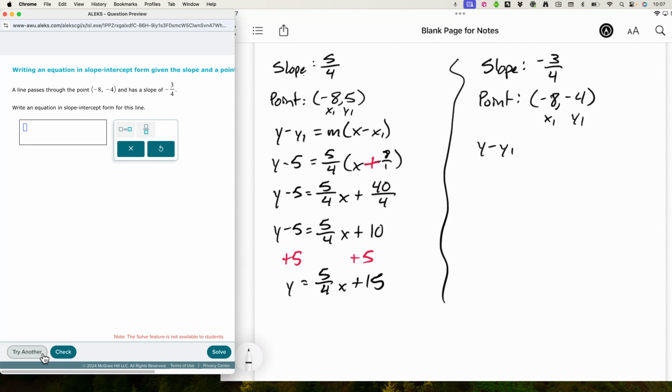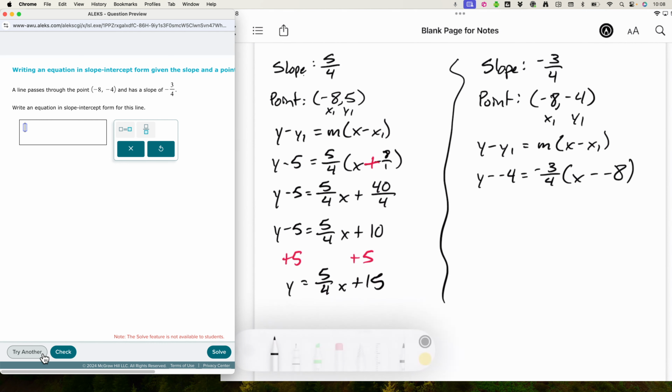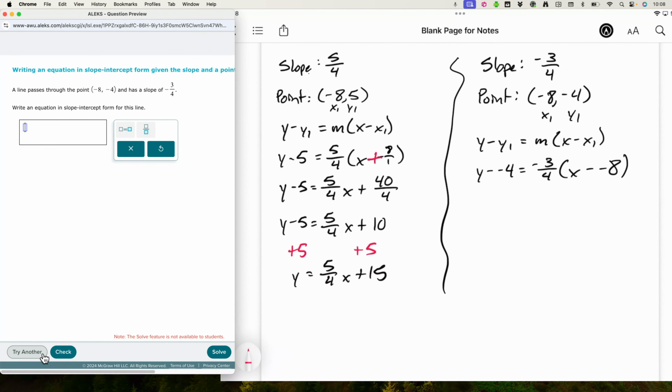Y minus y1 is equal to m times x minus x1. Y minus -4 is equal to our slope, which is -3/4, times x minus x1, which is -8. Clean up those signs.